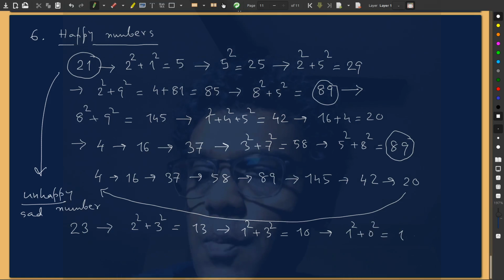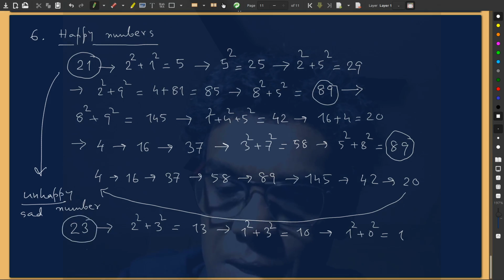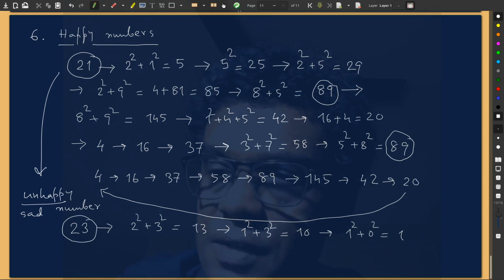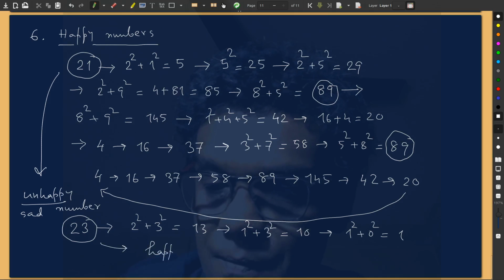Subsequently, if you keep on doing this, it will be 1, 1, 1, 1. So this 23, which does not encounter such a looping behavior, but eventually reduces to 1, this is called a happy number.